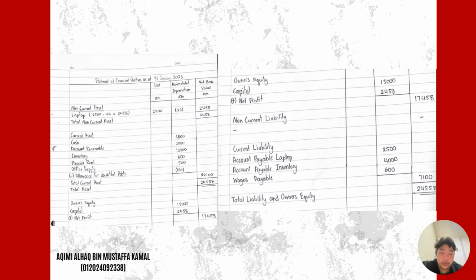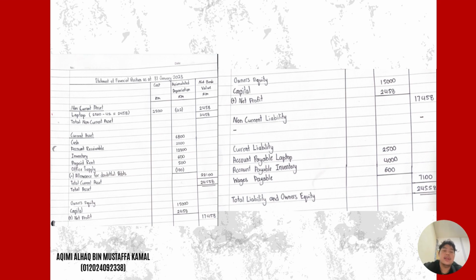There are also 3 columns, which are cost, accumulated depreciation, and net book value. Our non-current asset is 2,458 ringgit, and we need to plus our current asset, 22,100 ringgit. We add both of these, and we get 24,558 ringgit. So that is our total asset.